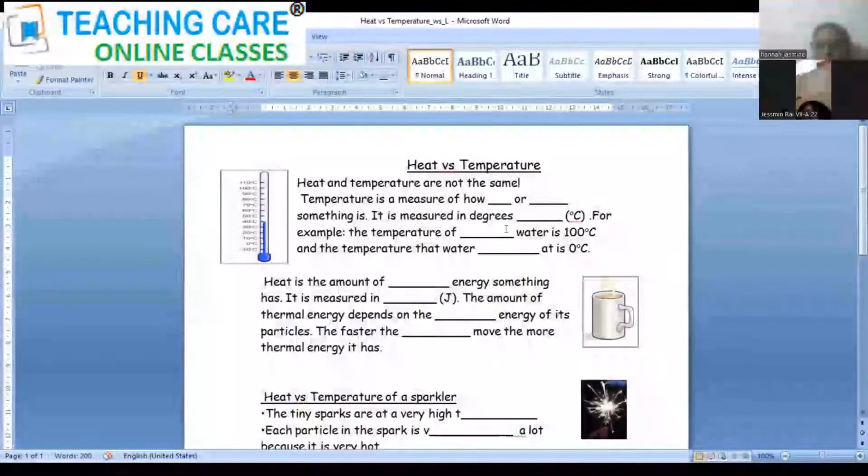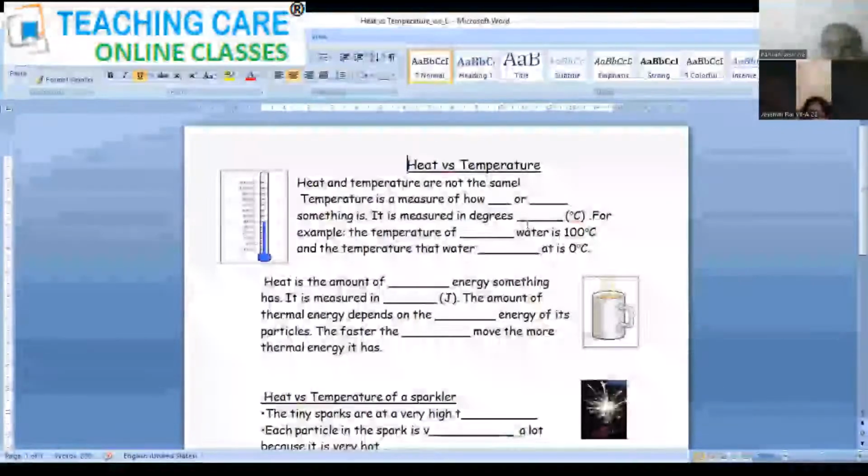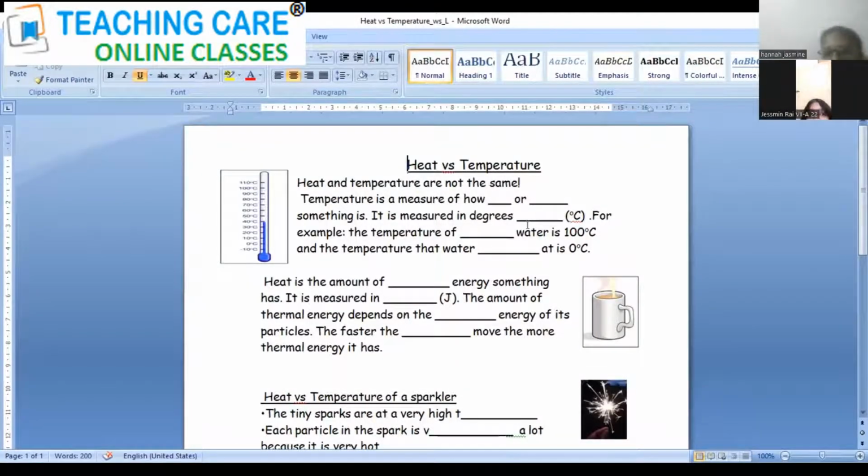For example, the temperature of boiling water is 100 degrees Celsius. Heat is the amount of thermal energy something has. It is measured in joules. Okay, read the next one.